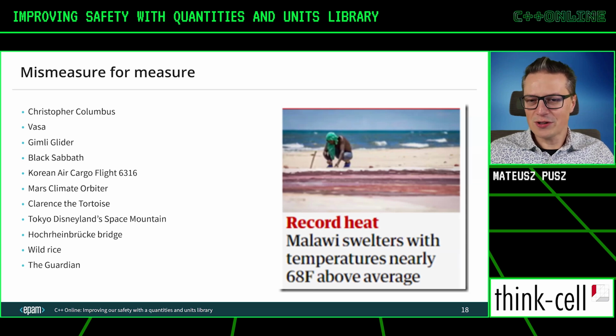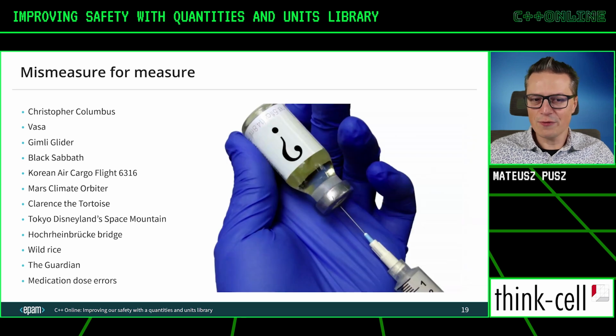Unfortunately, it was not the correct value printed in the title of this article. They made some mistakes related to temperature points and temperature offsets, and because of it, they ended up with a wrong value. The proper value here should be 32 Fahrenheit, not 68. And there are also plenty of non-medical dose errors, and those happen on a daily basis in different places all over the world.